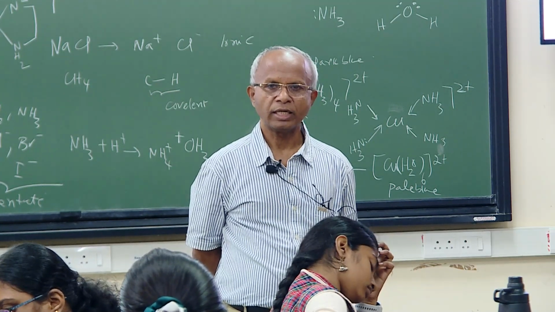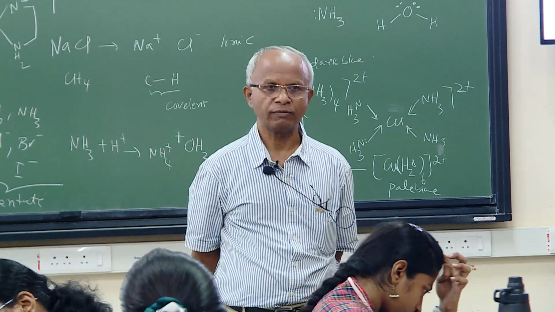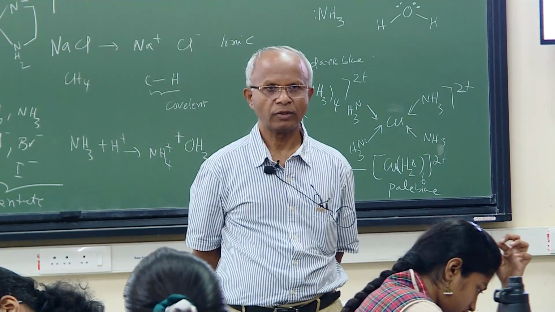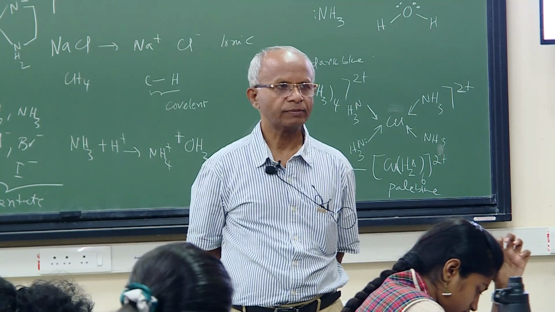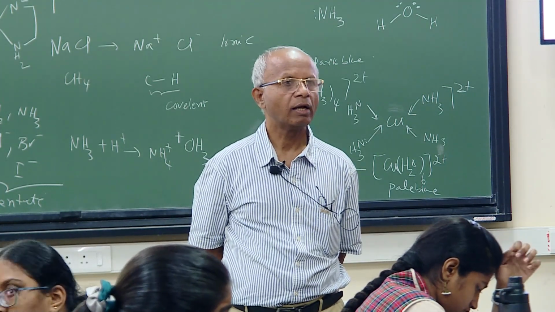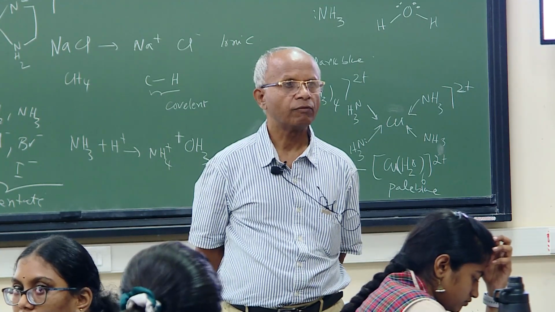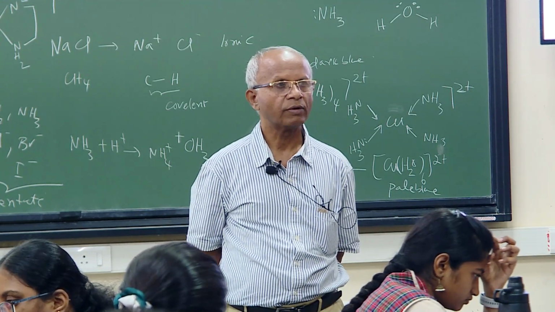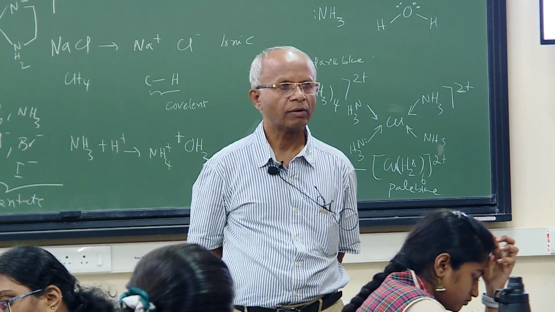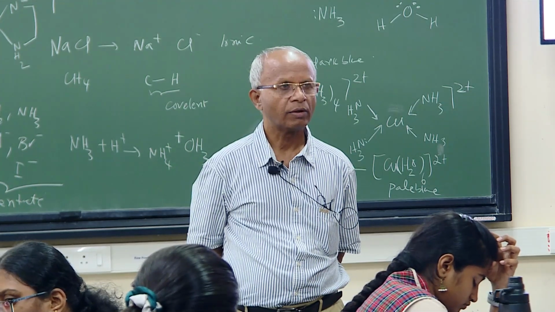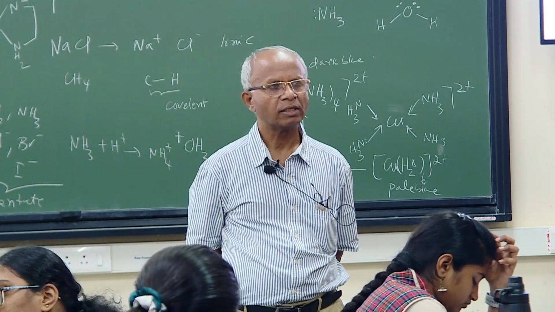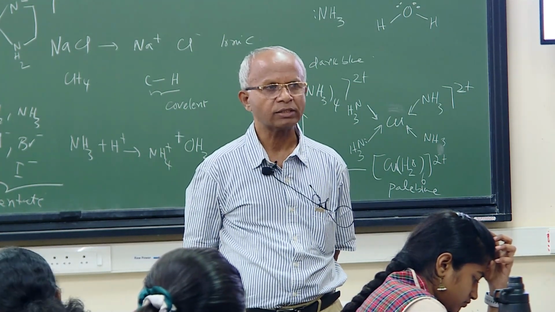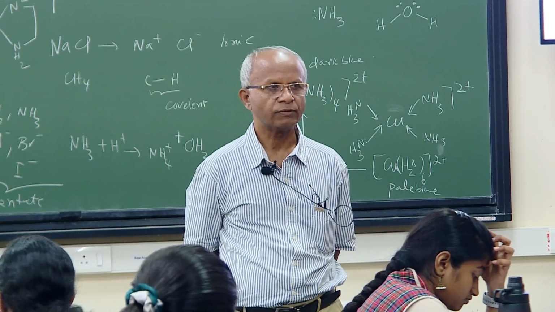That's why they form with highly electronegative elements like fluorine or sometimes oxygen. What is the bond between two inert gases? Inert gases is always van der Waals. Okay. Yeah.